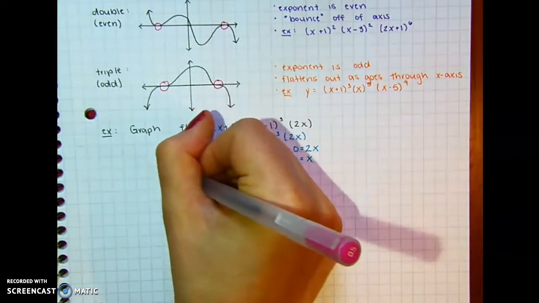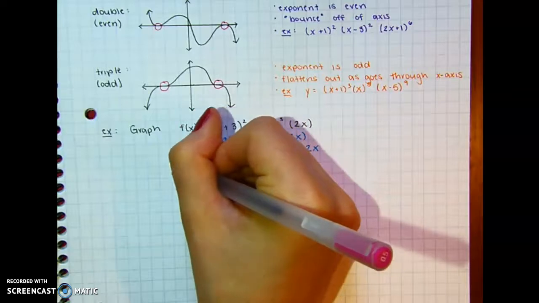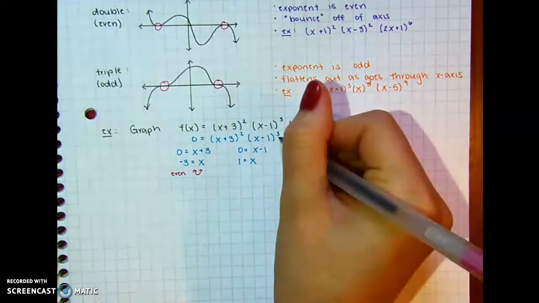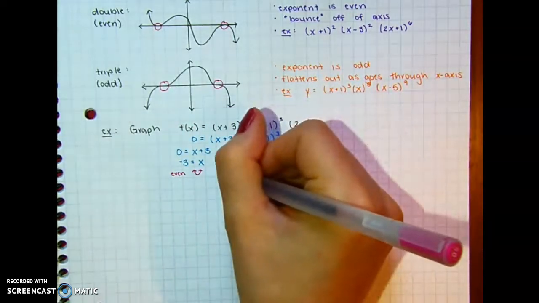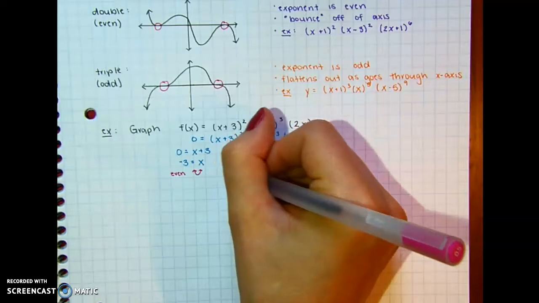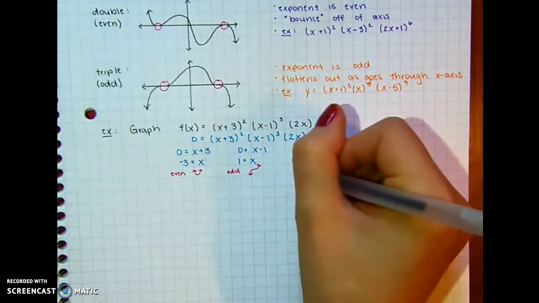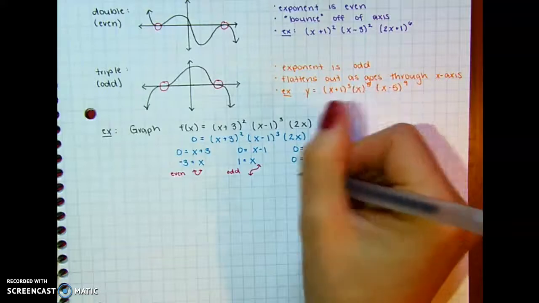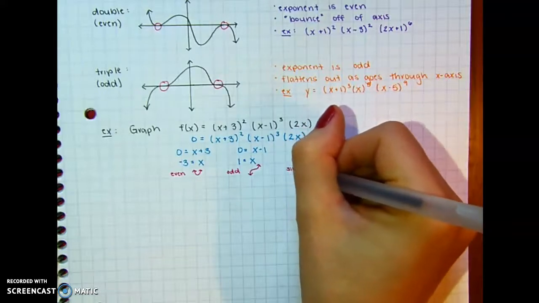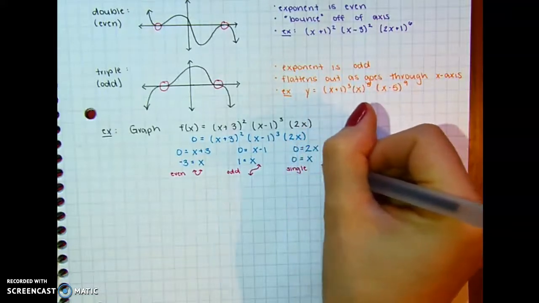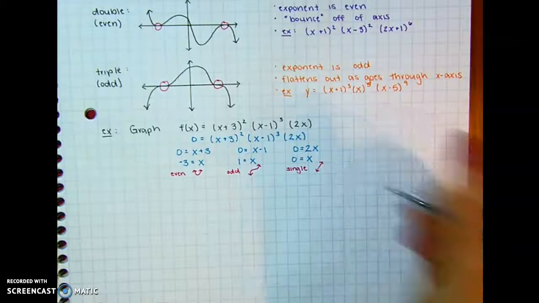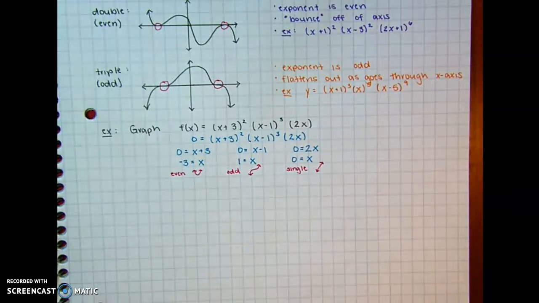It's kind of like a little cheat sheet. It's going to bounce off at this point. Here, it's odd. So we're going to flatten out at this root. And then here it's single, right? The exponent is single. So it's going to go straight through. Okay, so that's part of it.